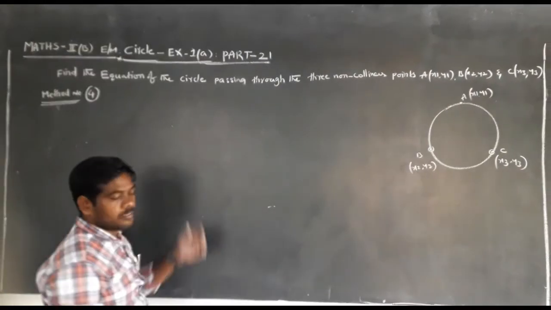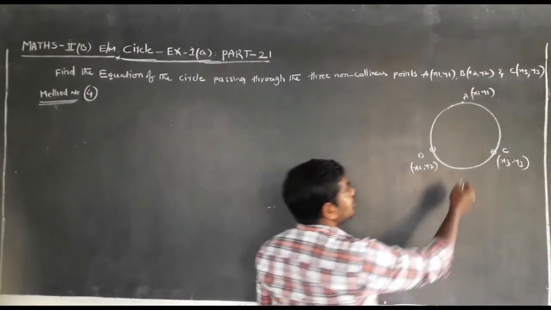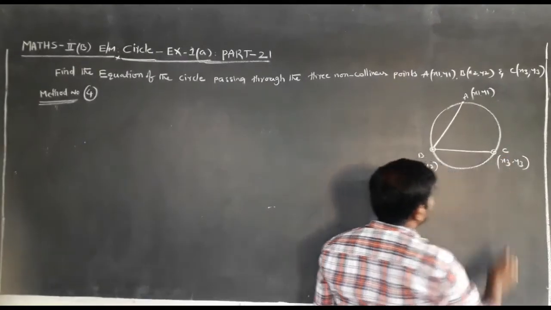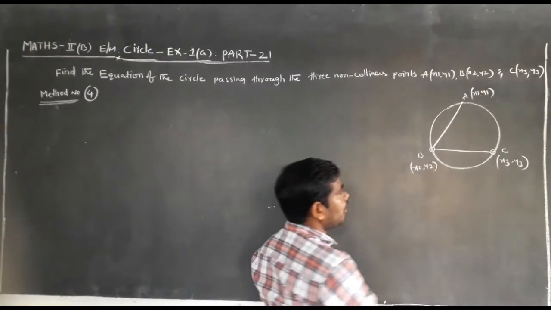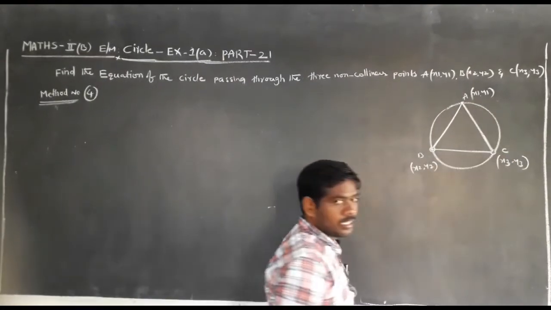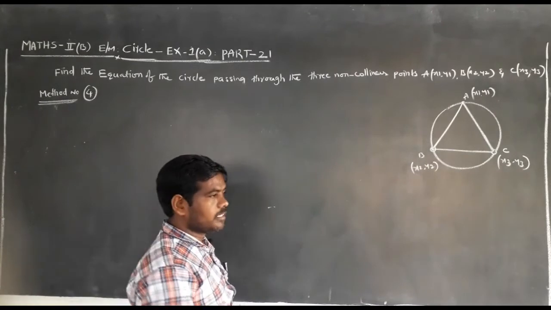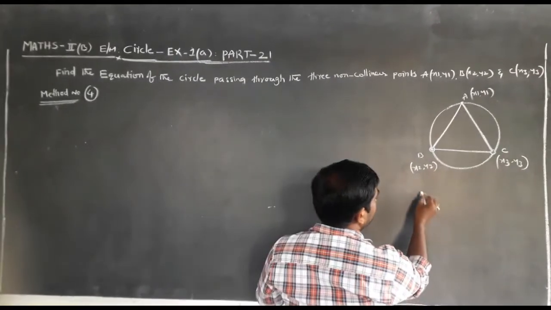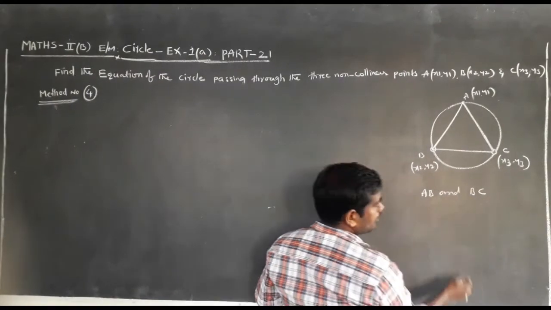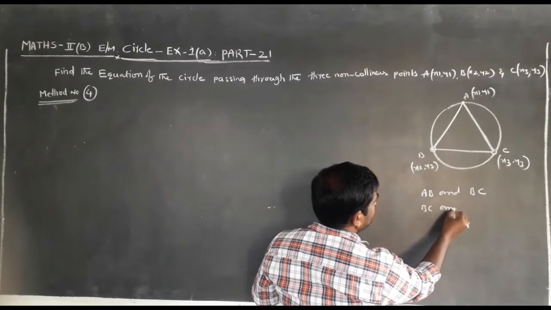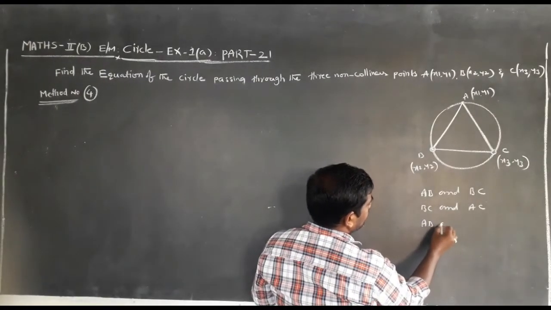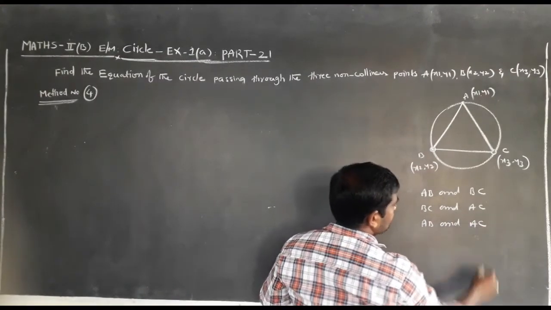In this method, first of all, we find any two sides: AB and BC, or BC and AC, or AB and AC.